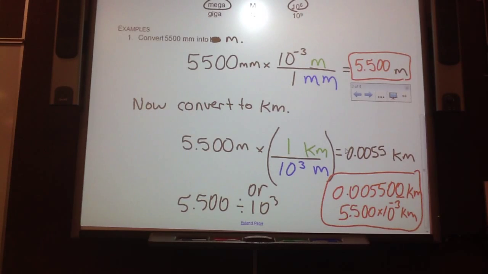But like if I use this system, could I make a fraction where I would have just jumped from millimeters to kilometers? If you see that it's 10 to the power of 3 and 10 to the power of negative 3, you just add it together and you get 10 to the power of negative 6. Okay. So then 5,500 times 10 to the power of negative 6 will give you.